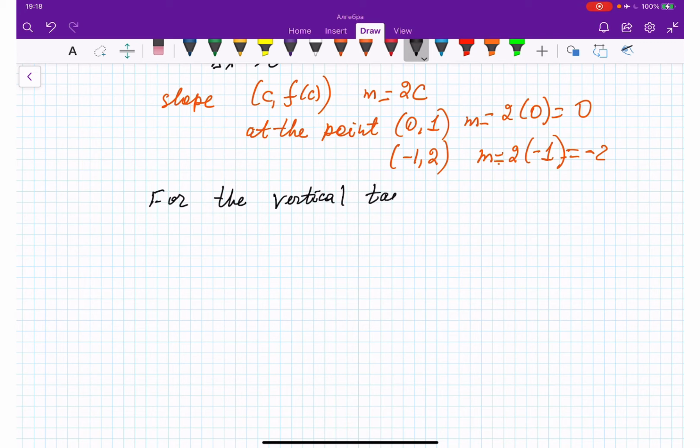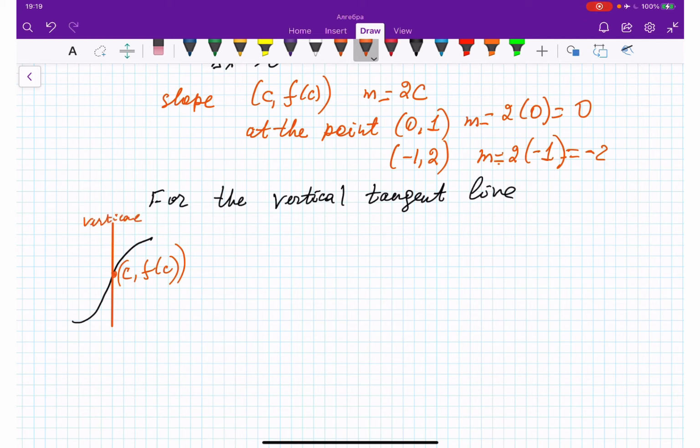So here let me write down an example. At the point C and f of C, this is a vertical tangent line.